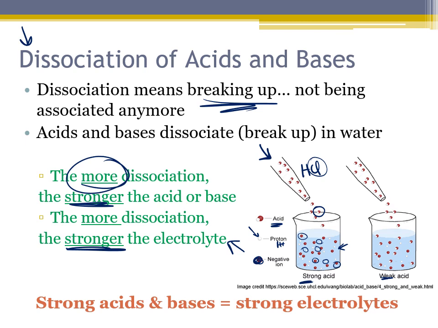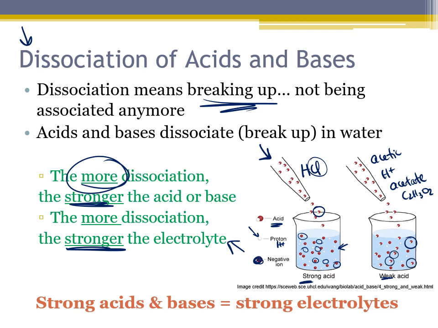This weak acid, maybe acetic acid, is going to pop apart into an H plus and then an acetate polyatomic ion, that's C2H3O2. What happens here is most of these guys are actually staying stuck together.